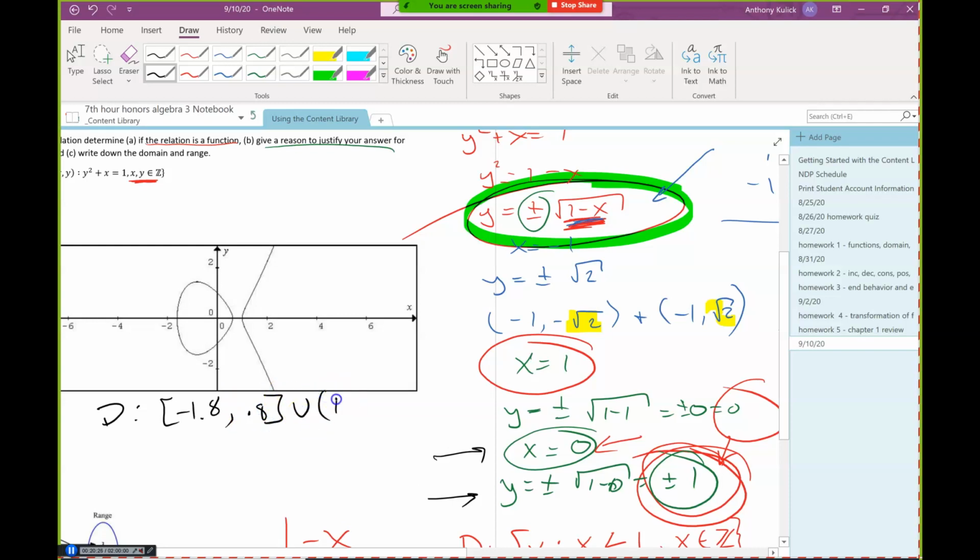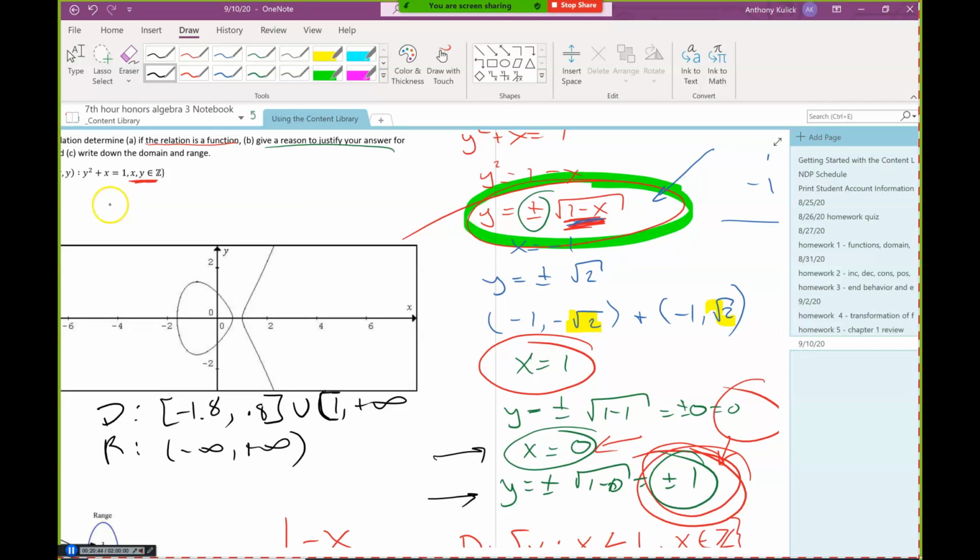And then say 1 to positive infinity. Because I did the same numbers, I just did it like the greater or less.